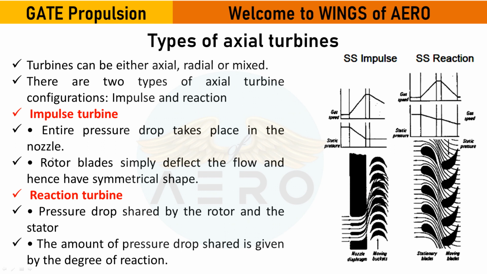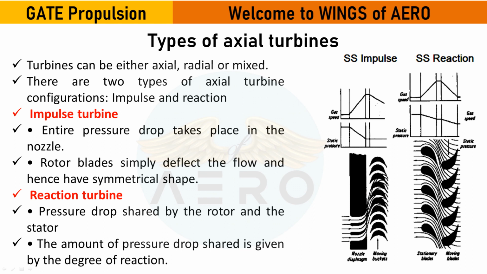Don't get confused with this nozzle; this is just like a stator. Okay. In the stator, the entire pressure drop takes place. And what happens in the rotor? Rotor blades simply deflect the flow and hence have a symmetrical shape.